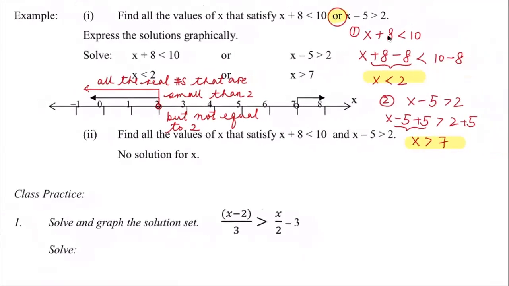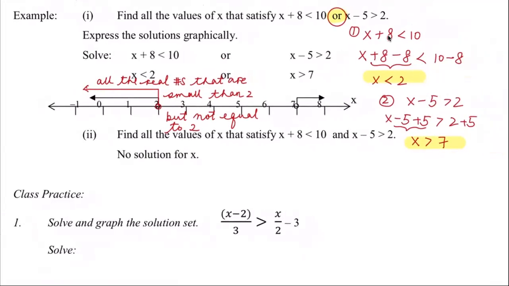And with the same logic, the other solution for the inequality is x is greater than 7, right? So the boundary point is 7. And because this one also doesn't have an equal sign, it's strictly greater than, we also use a small circle to indicate that the solutions don't include 7.